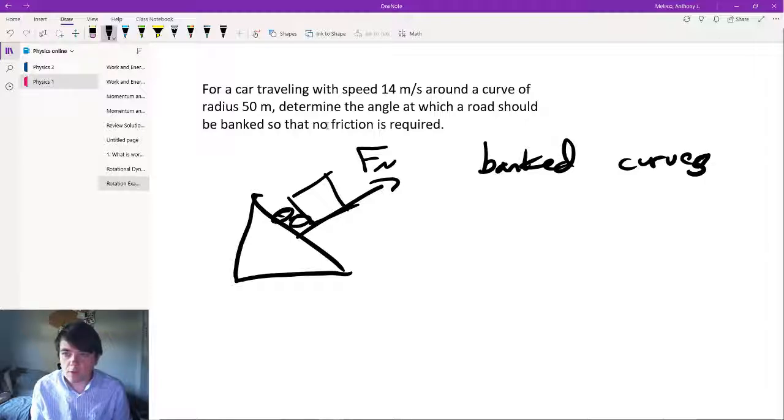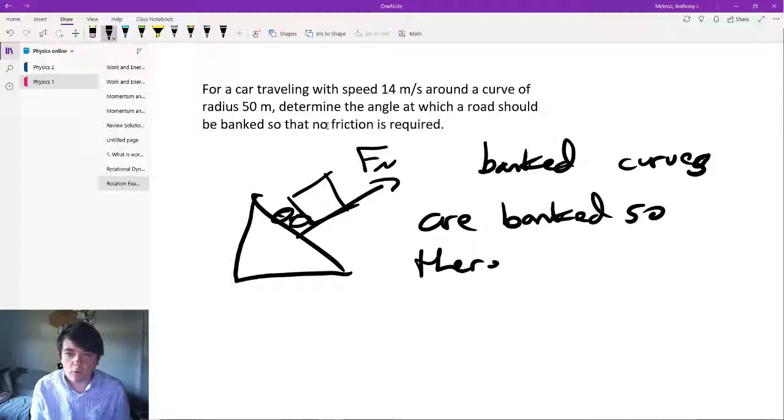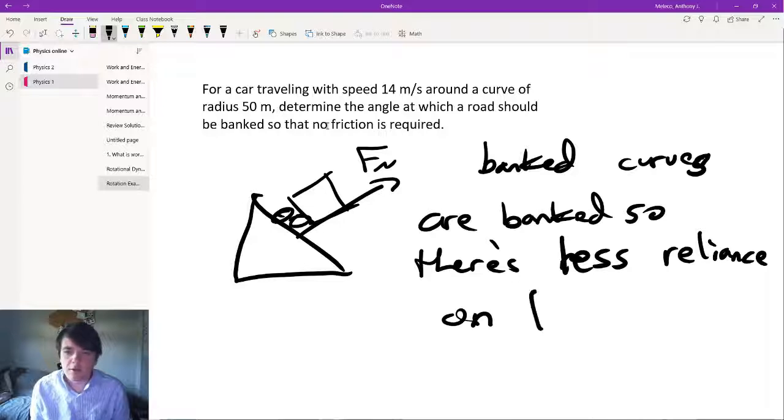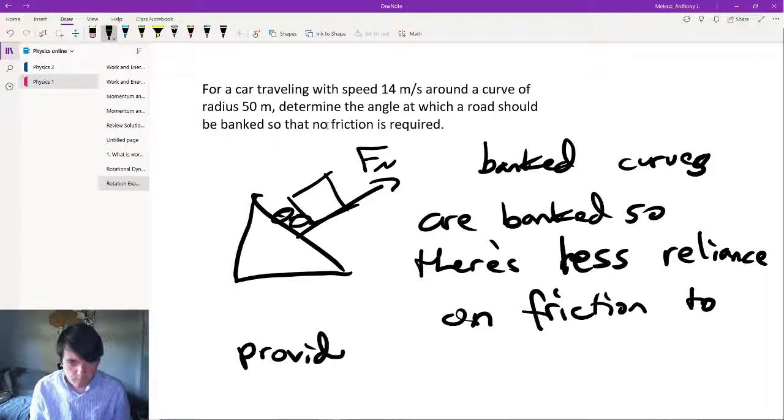So curves are banked so there's less reliance on friction to provide centripetal force.